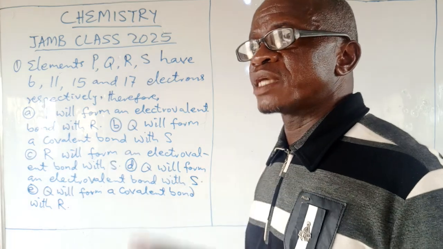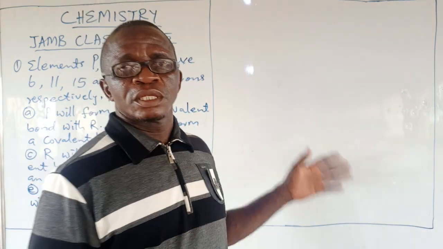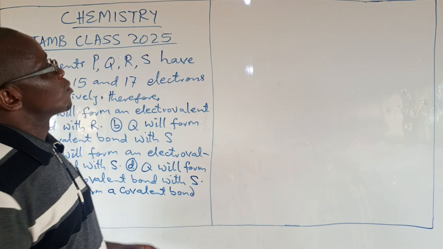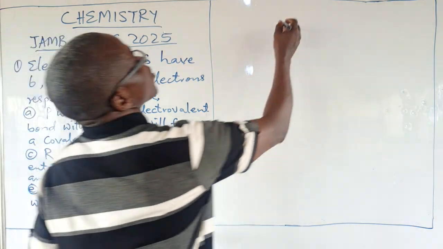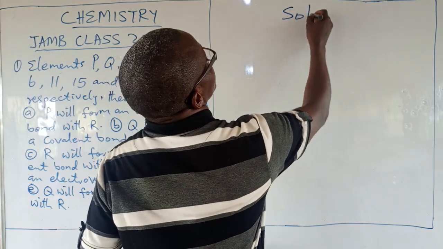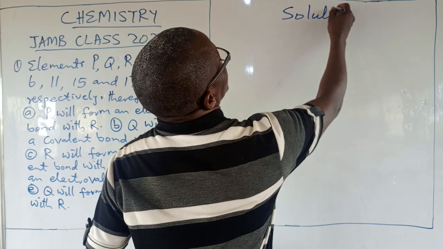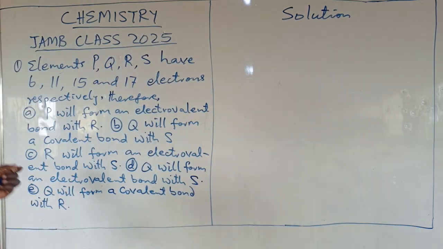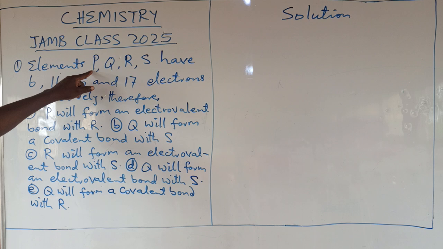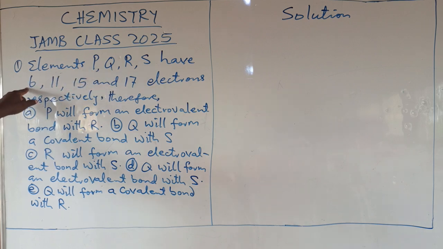Now, how do we answer a question of this type? Solution to this problem: you have seen that P, Q, R, and S have these numbers of electrons.